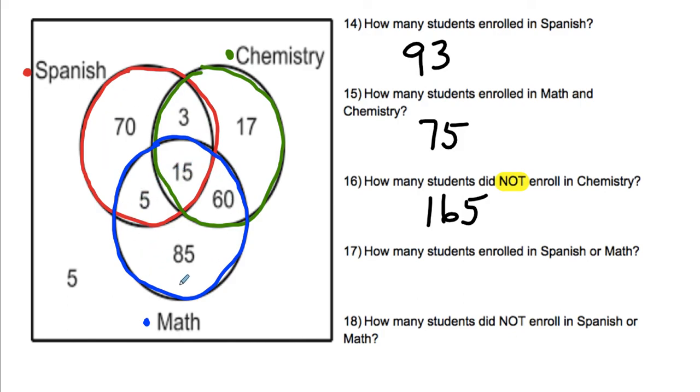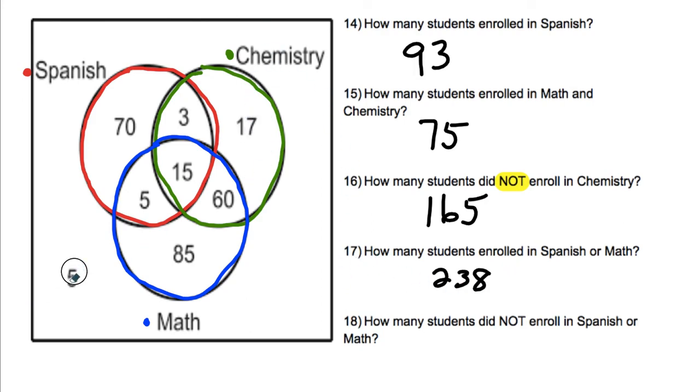So it's these 6 groups right here. All right, and if I think about the only 2 that are left, did any of these people enroll in Spanish or math? No, they didn't enroll in anything. All right, so everyone in here did though. Okay, so I need to add all those up. If you do that, I did this already. That's 238. You can go ahead and check my work if you want to.